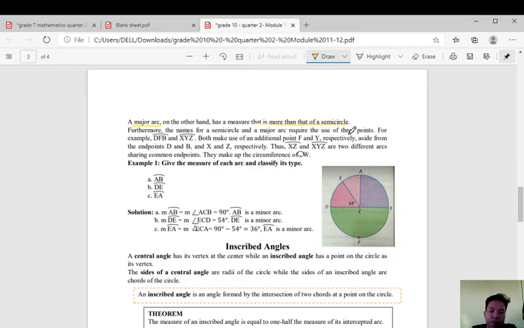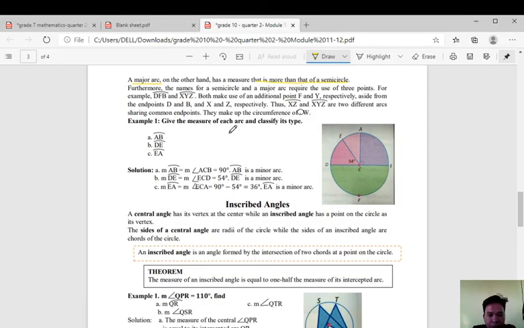Or, since letters denote points, we can also say that a minor arc requires 2 points, while a major arc requires the use of 3 different points.